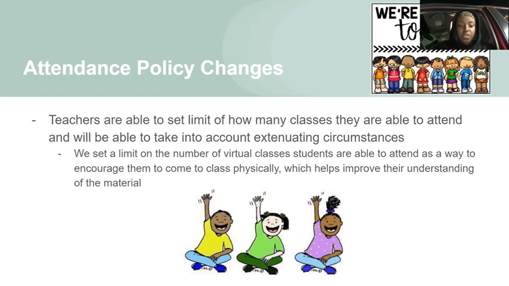And here we also have a set limit on a number of virtual classes students are able to attend as a way to encourage them to come to class physically, which helps improve their understanding of the material. So with this, we don't want kids to take advantage of the virtual flexibility accommodation, but we wanted to have a way to monitor their attendance in class.